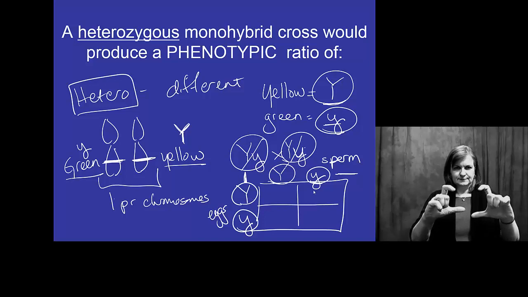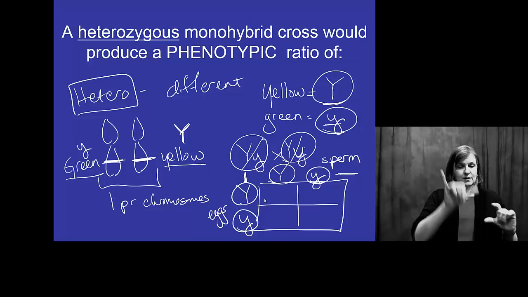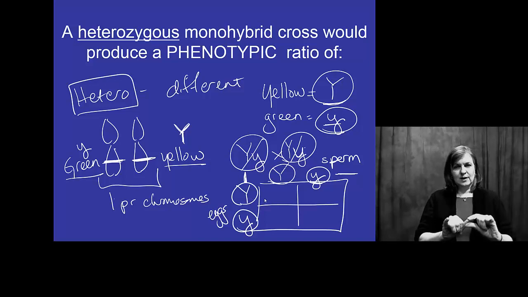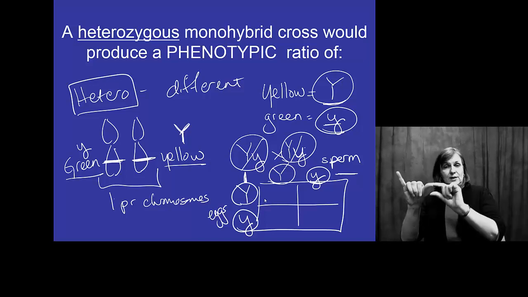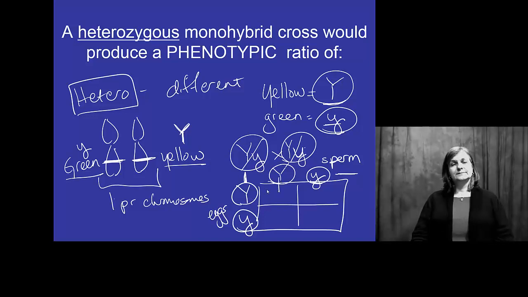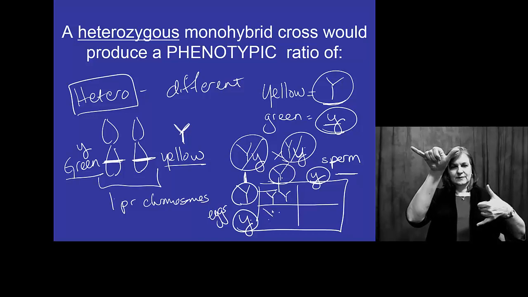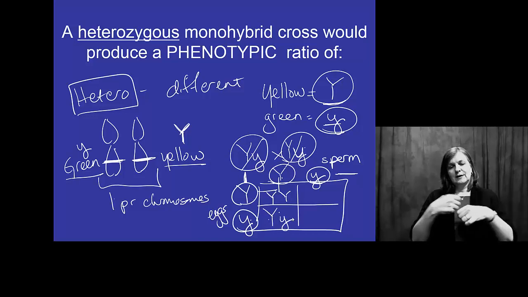So when we recombine those to make children, we do this like an old multiplication table. Most of you grew up with calculators, so you may not remember your multiplication tables. But if you do, what we do is we bring these two together and say, all right, that's going to be a big Y, big Y. This goes here, this goes here. Big Y, little y.